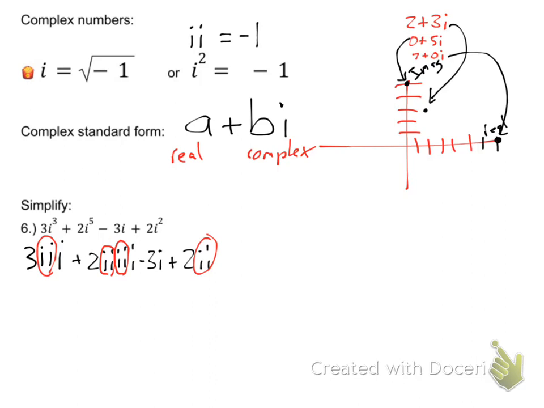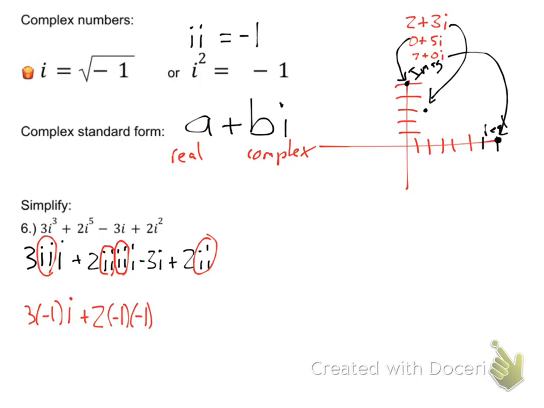Step 3, I'm going to go back and rewrite everything, but the circled groups will now become a negative 1. So, I have 3 times negative 1 i. I'm putting parentheses around that negative 1. It's very important. I'm using substitution. When you use substitution, you use parentheses. 2, this first pair becomes negative 1.